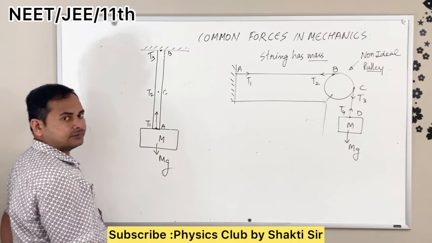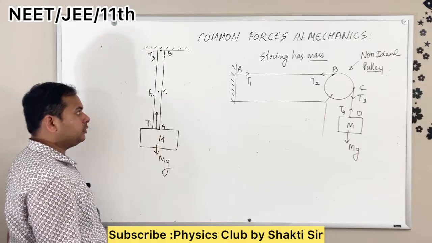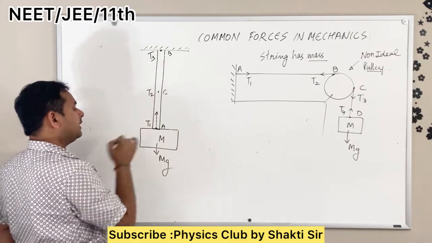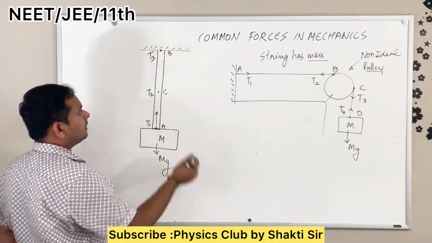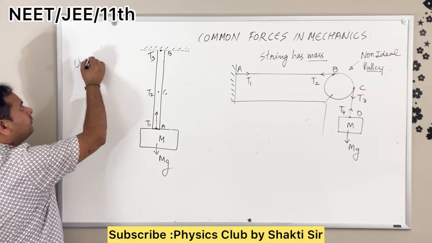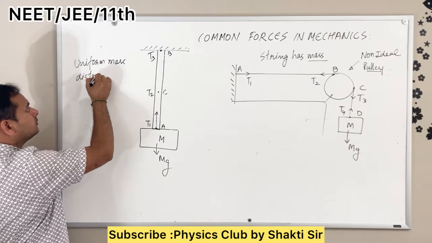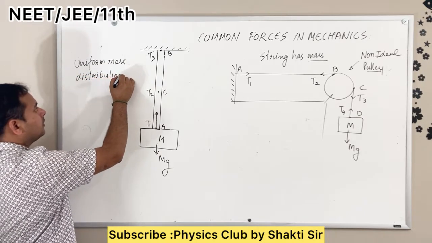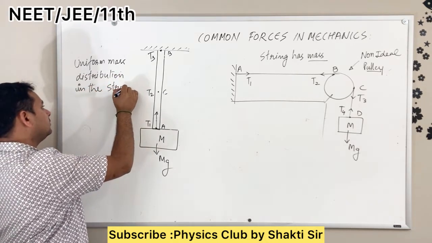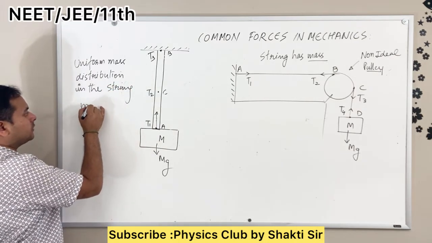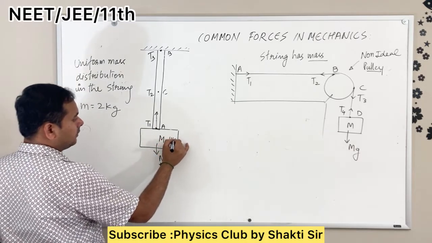What about this situation? If I am going to ask what is the tension at point C, that is T2, how can we calculate the value of T2? Let's say the string has a mass of 2 kg, uniform mass distribution in the string, and the mass of the block is, let's say, 4 kg.